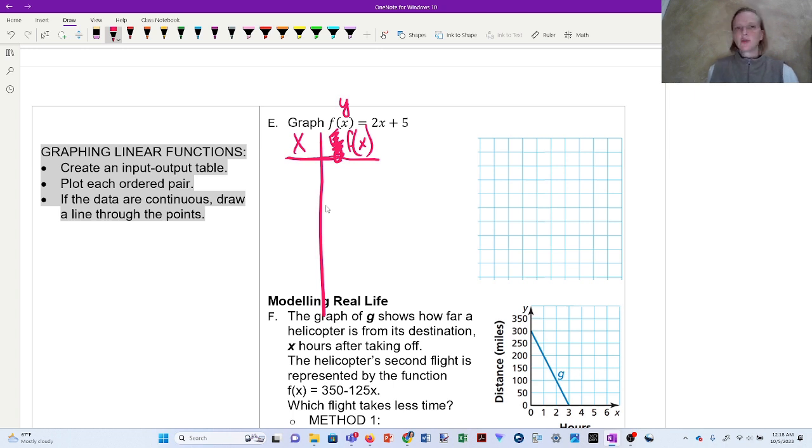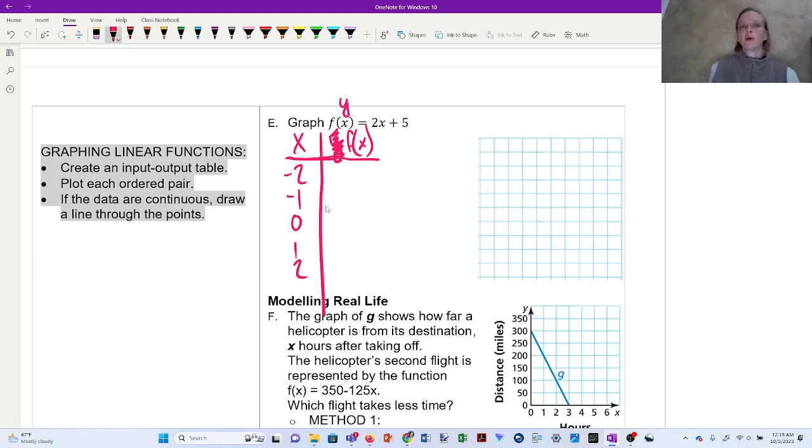So if I'm going to choose some values here, this isn't a story problem. I don't have any particular reason to just pick positive numbers, so I'm going to go ahead and pick positive and negative numbers. I'll start with -2, -1, 0, 1, and 2. Now, remember, when I choose my x value, I can plug it back into the equation and then evaluate the function for that value of x.